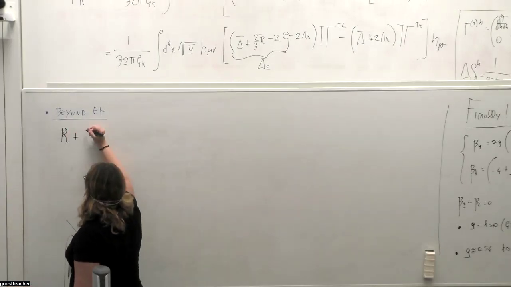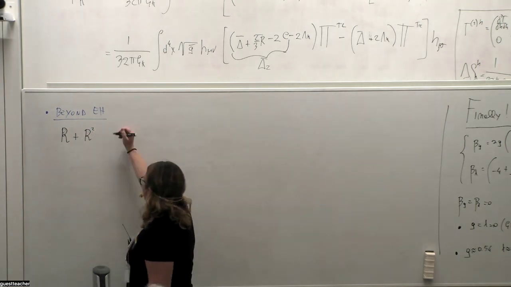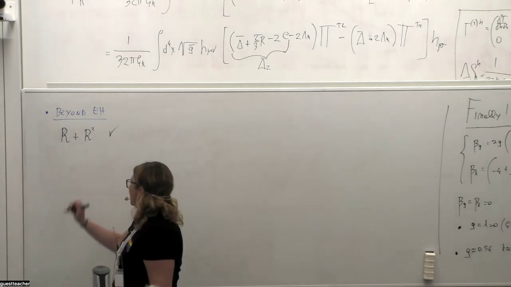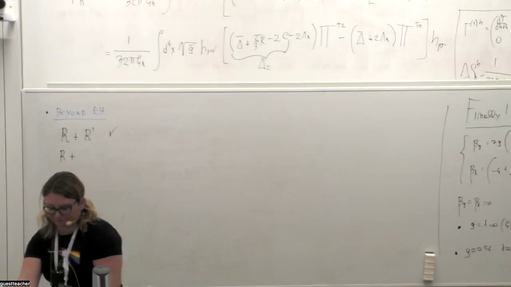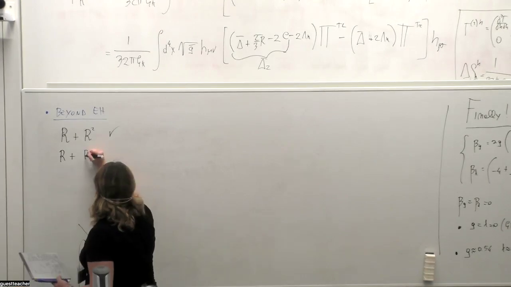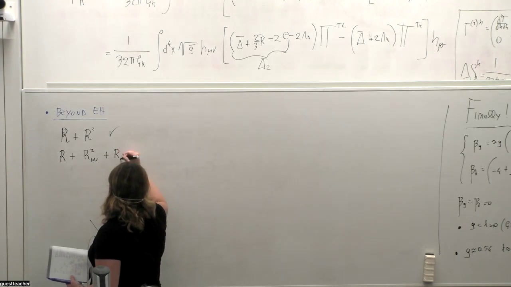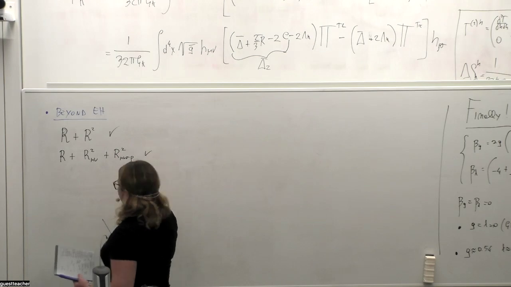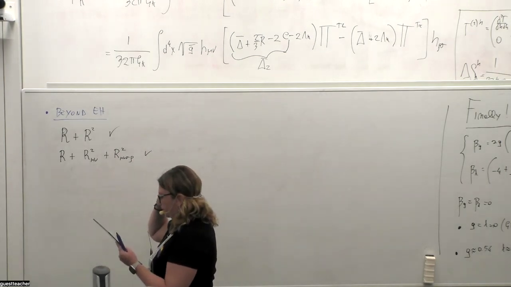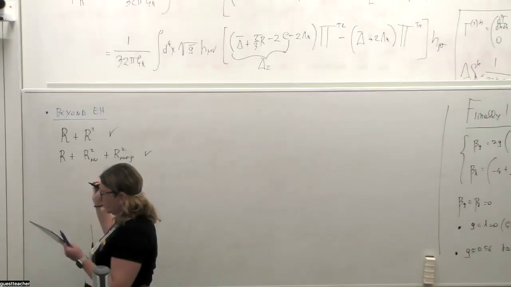Simple truncations like R plus R squared, literally R scalar, and here a fixed point is found, and something like R squared, R mu nu squared, R mu nu sigma rho squared. And here we see there is a Gaussian fixed point.